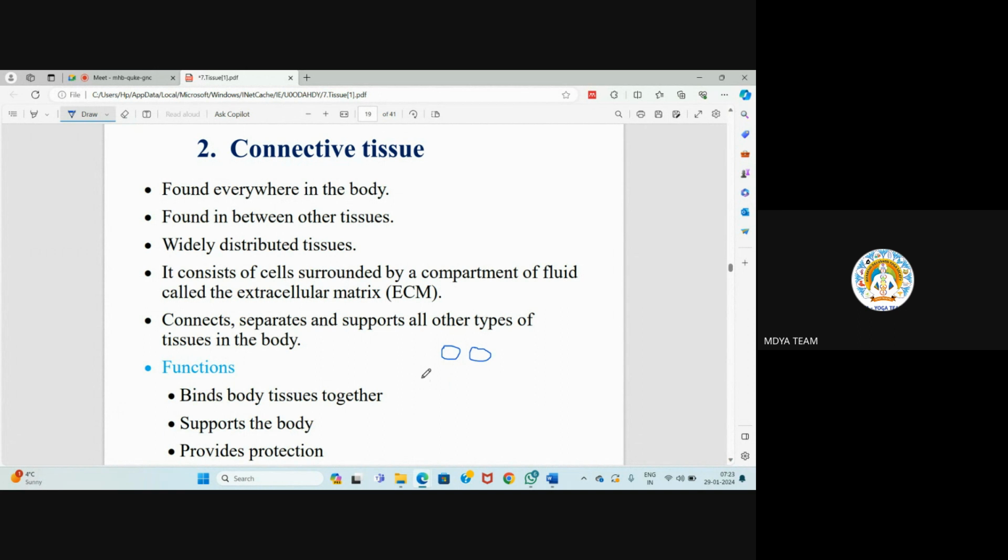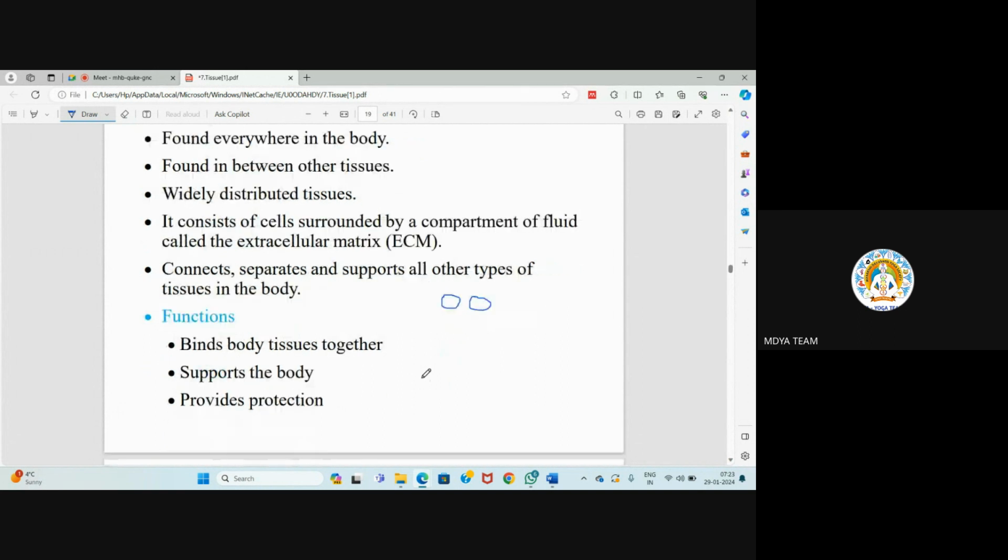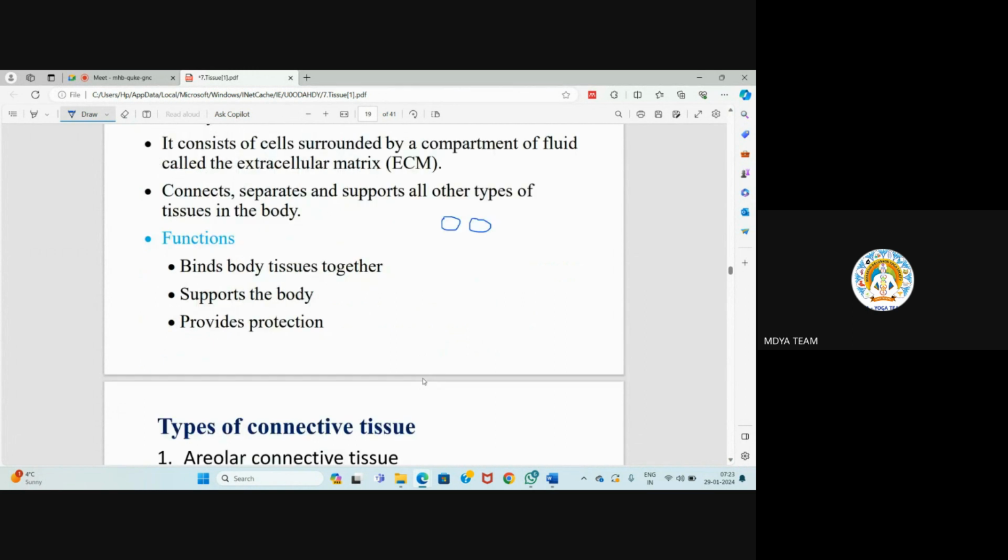Now, the functions are: binds body tissues together, supports the body, provides protection. It is binding the body tissues together, like a ligament or a tendon. A tendon is also a connective tissue, which binds bone and muscle.